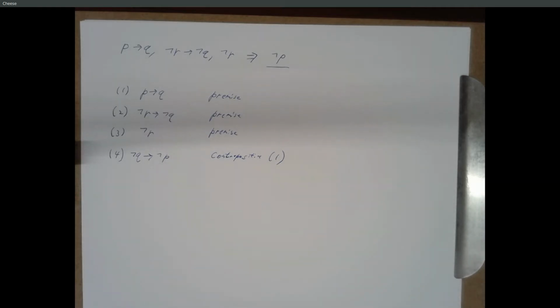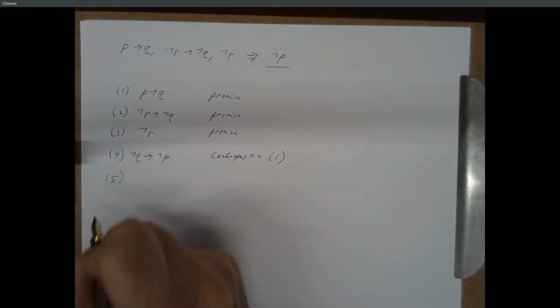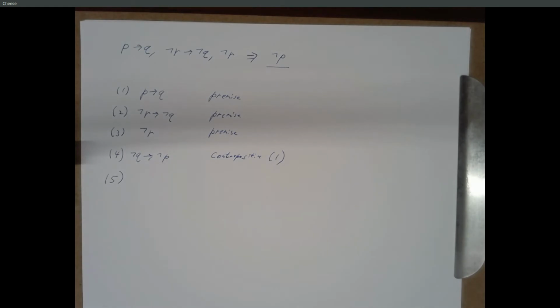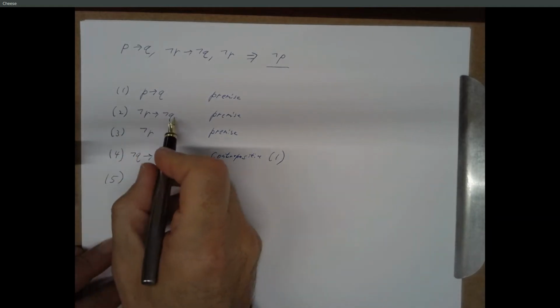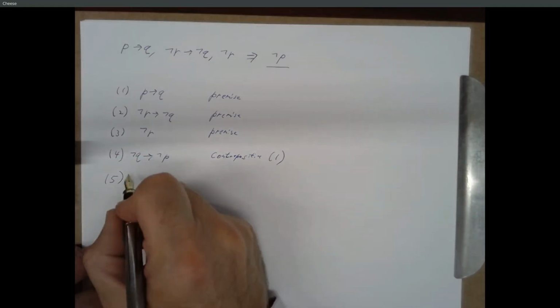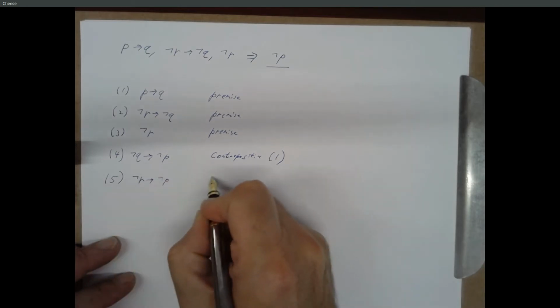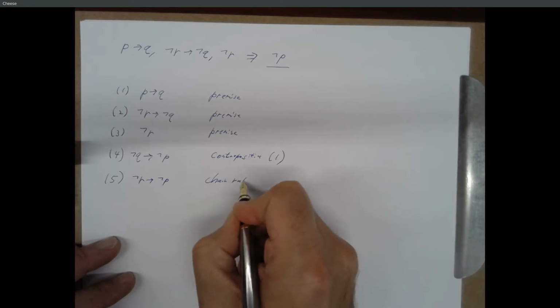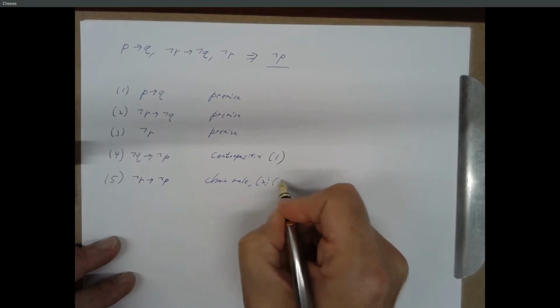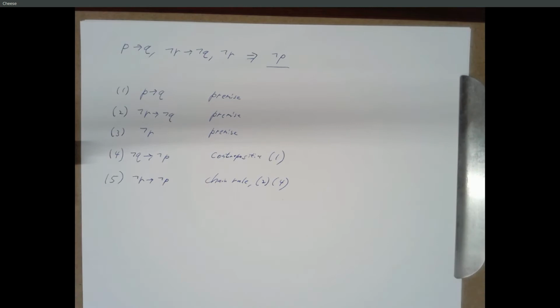There's more than one correct path. Chain rule on 2 and 4? Not R implies not Q implies not P. Why not? Chain rule 2 and 4. Other ideas?